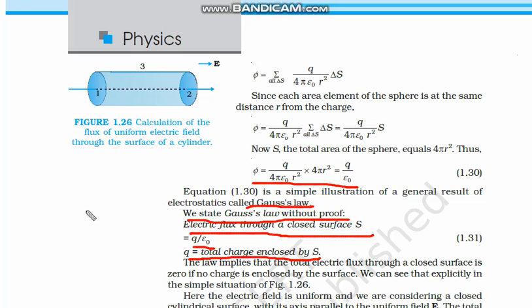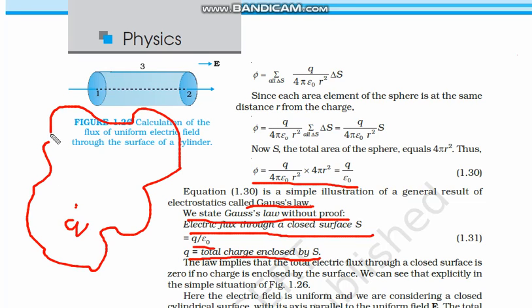So what does this mean? Suppose there is a charge q, and there is a surface. This is a random surface. In the second case, let us say we take a sphere. In the third case, let us take a simple cube.